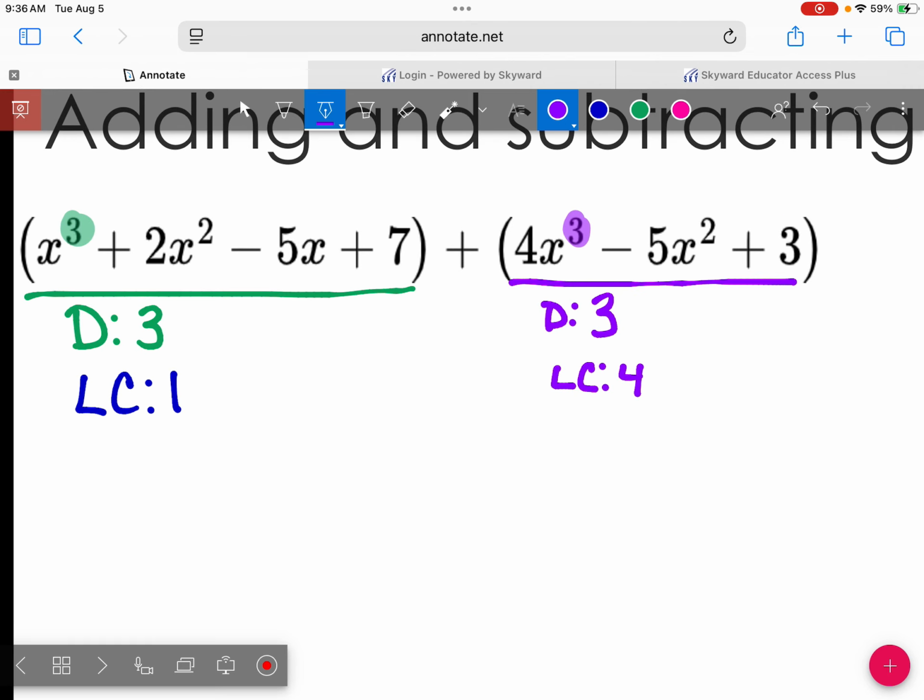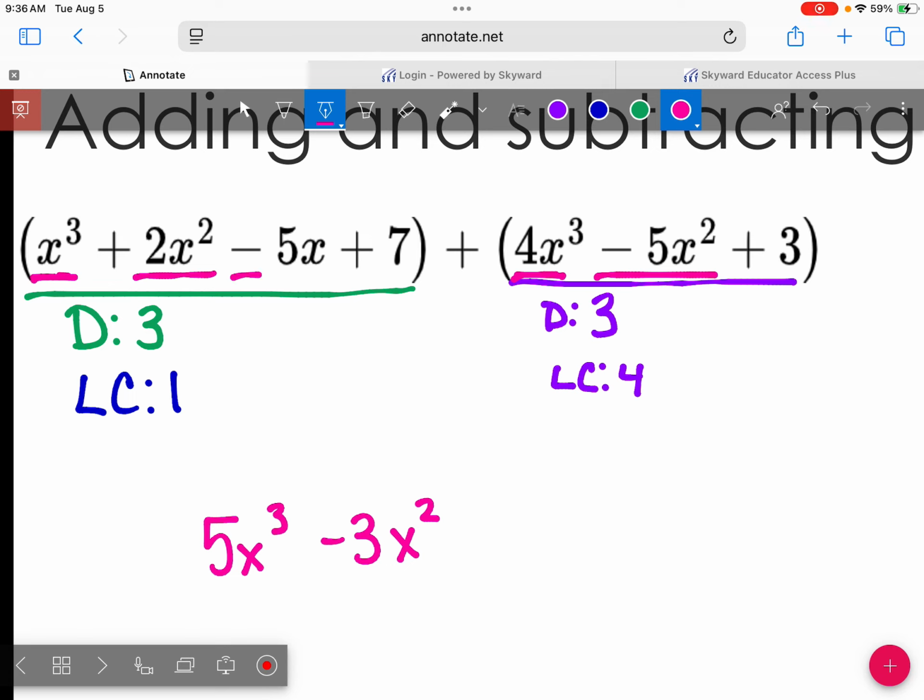So let's look at our adding and subtracting here. So if we are adding polynomials together, I'm going to erase those two pieces. What can we do to add these two things together? Yeah, it's combining like terms. We've got x cubed plus 4x cubed, 5x cubed. And we've got 2x squared plus negative 5x squared, negative 3x squared.